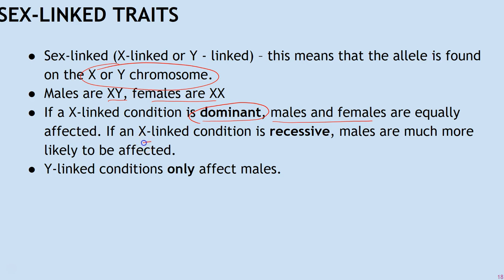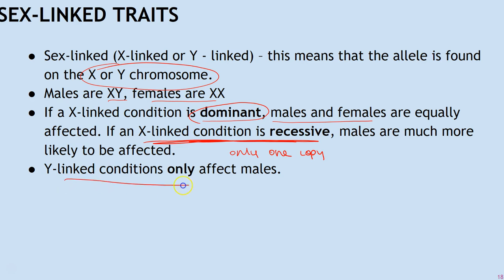If the condition is X-linked recessive, then males are much more likely to be affected because they get only one copy. So if they get the recessive one, it will automatically be the phenotype, because there's no dominant one to make the recessive version silent.